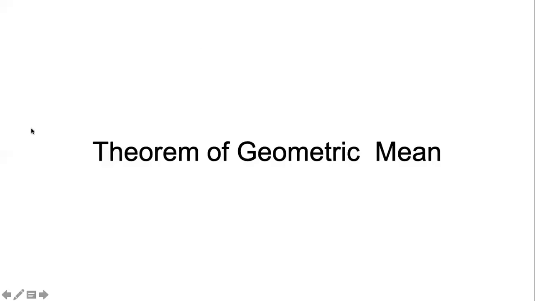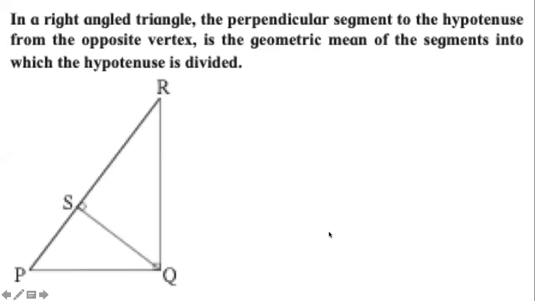The second thing that we need to look at again with a different perspective is called the theorem of geometric mean. Don't worry about geometric and mean. We have done it already. You will remember this diagram is the same diagram. I told you when we were studying chapter number 1 that this is one of the most important diagrams.